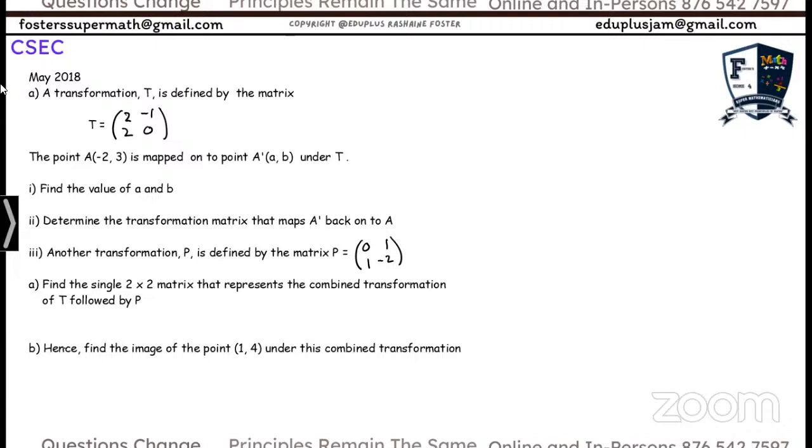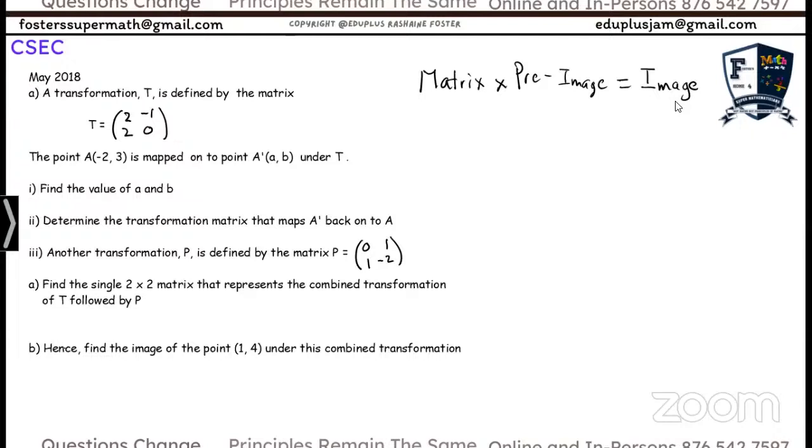So matrix times pre-image is equal to the image.